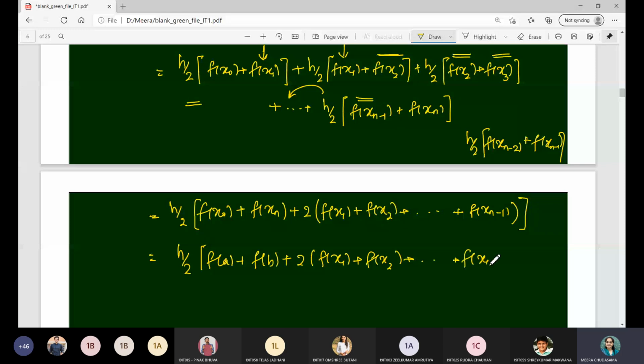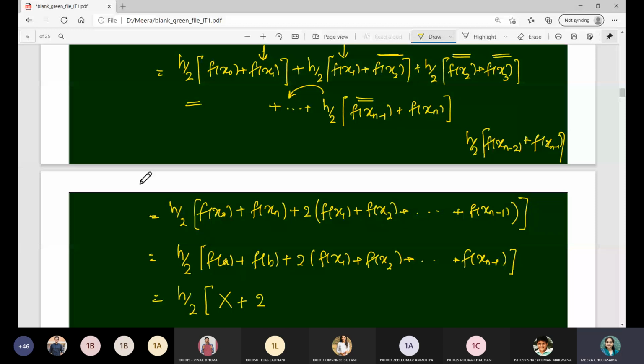that is, if I denote capital X as the sum of extreme values plus twice the other remaining values.